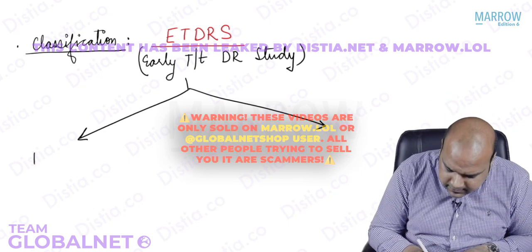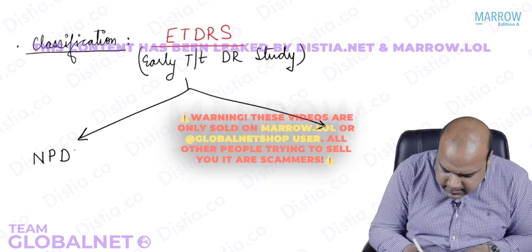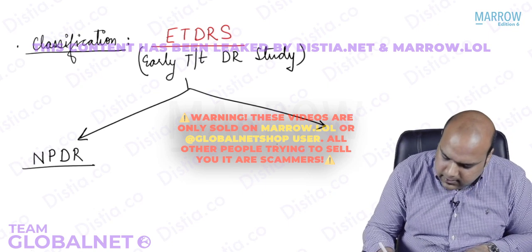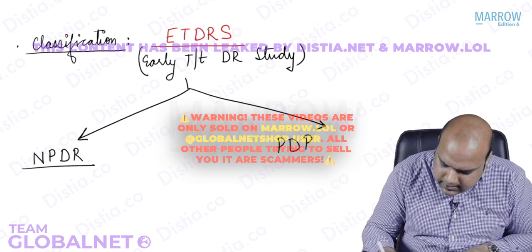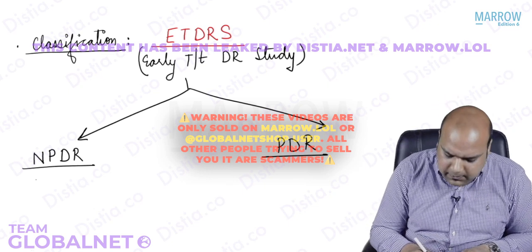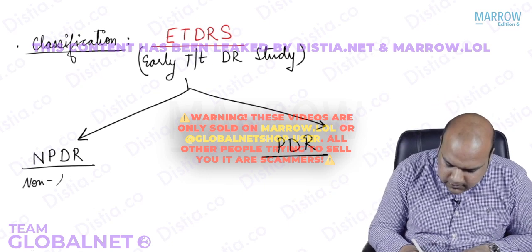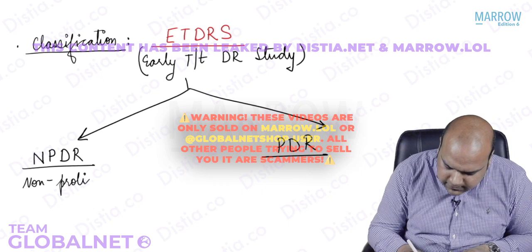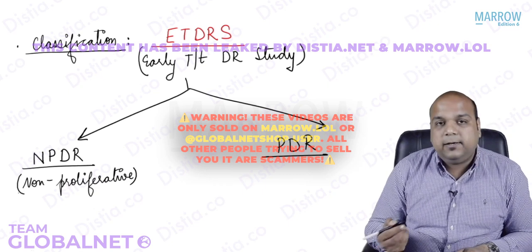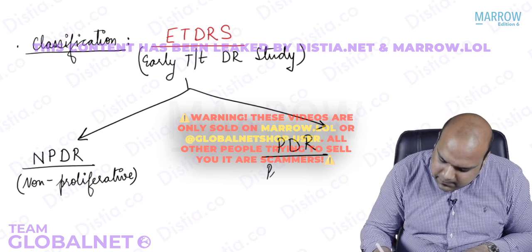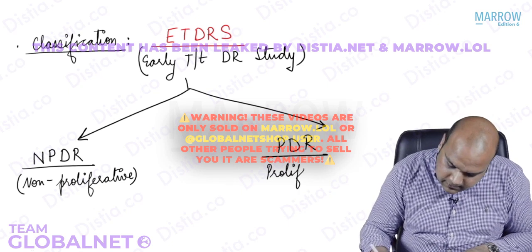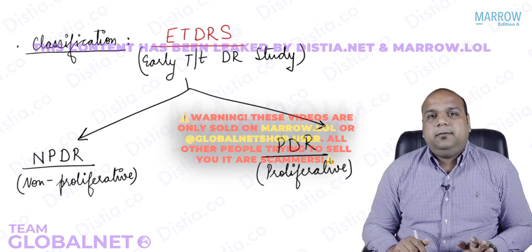Number one, NPDR. Secondly, PDR. NP means non-proliferative diabetic retinopathy, and P stands for proliferative diabetic retinopathy.